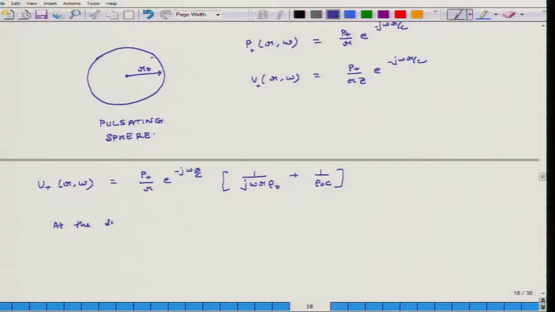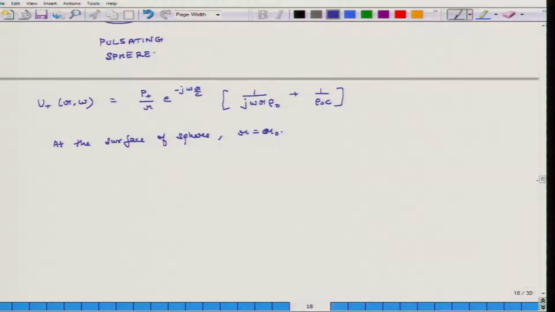So, the velocity on the surface of the sphere is u plus, a function of r naught and omega, and that equals P plus, which is a constant, divided by r naught, e to the minus j omega r naught over c, times 1 over j omega r naught rho naught plus 1 over rho naught c.